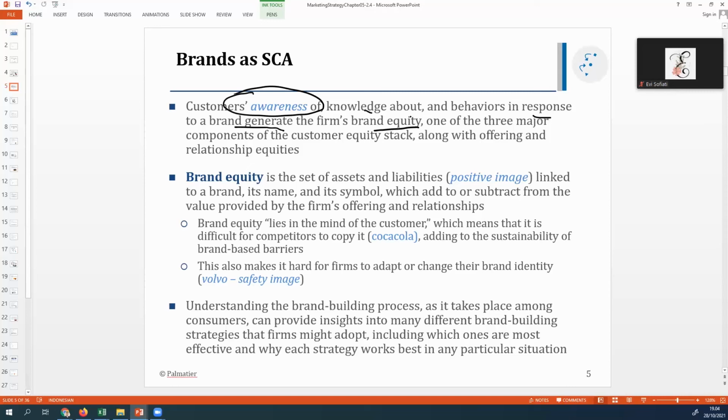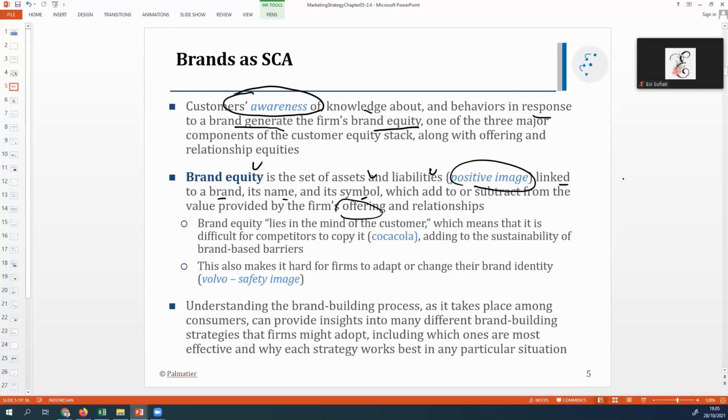So the awareness of your customer and their knowledge of your product generates the brand equity. Where brand equity is a set of assets and liabilities which has a positive image linked to a brand, to the name, to the symbols, which add to or subtract from the value provided by the firm's offering.